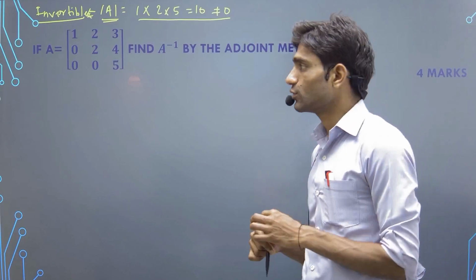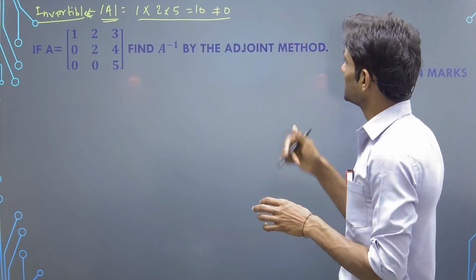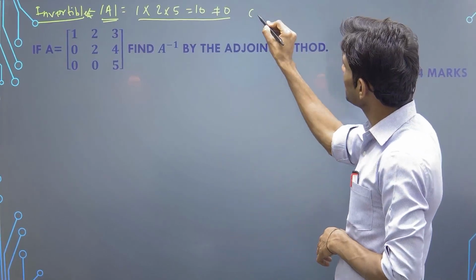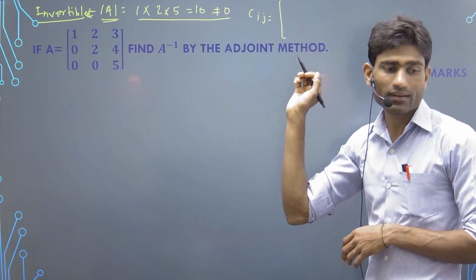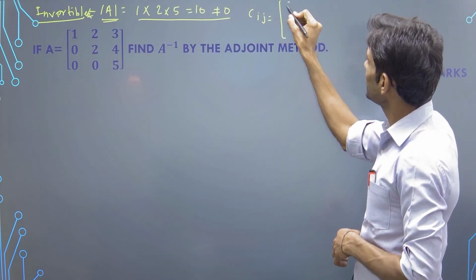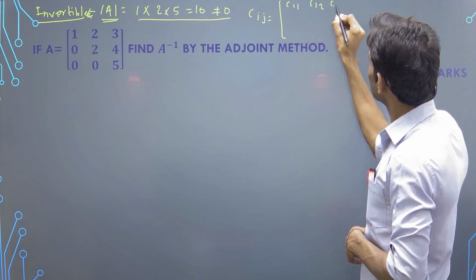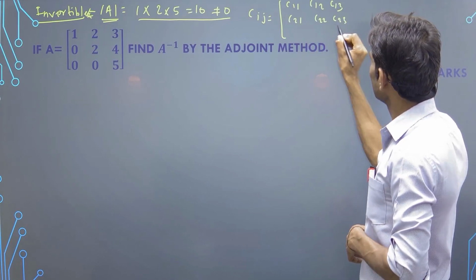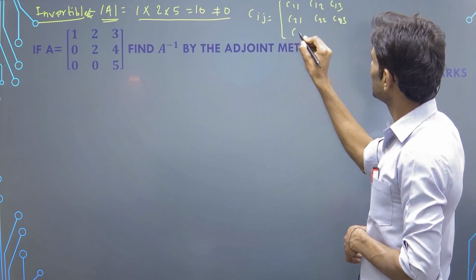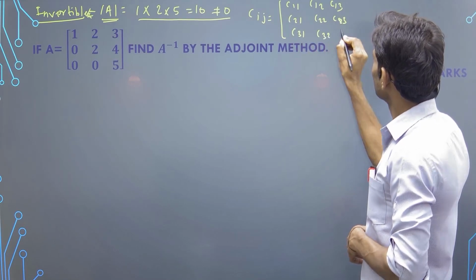Whenever a matrix is invertible, only then do we proceed to find its inverse. The next part is to find the Cij matrix, which I explained earlier. The Cij matrix is C11, C12, C13, C21, C22, C23, C31, C32, C33.